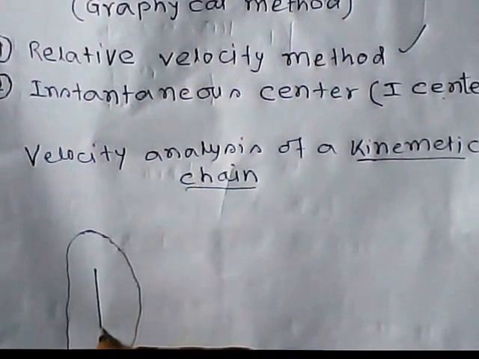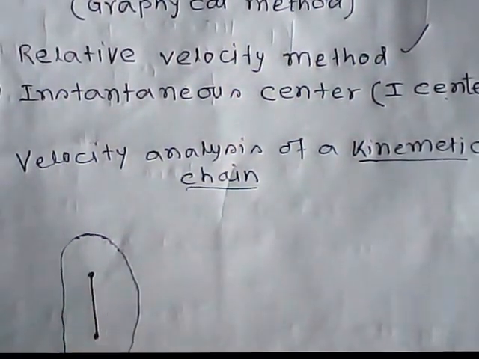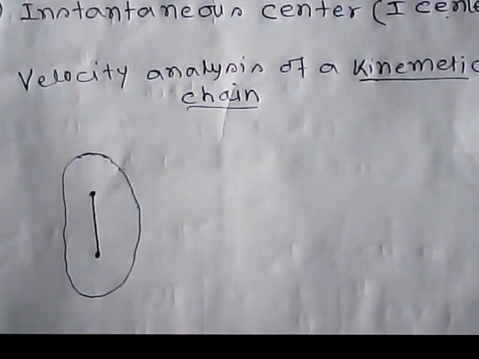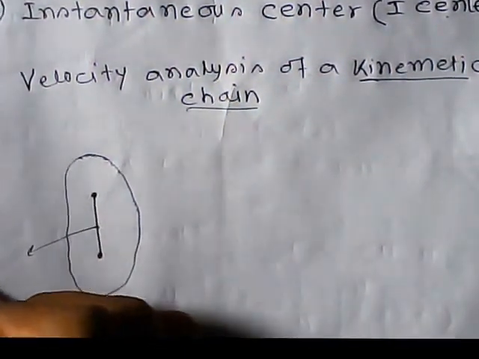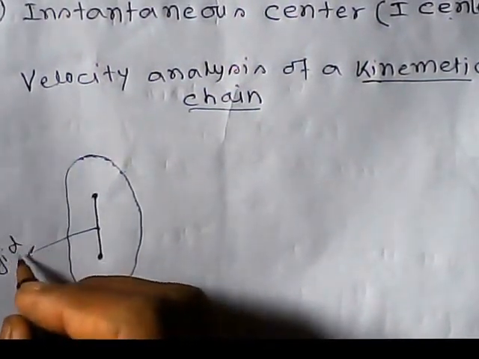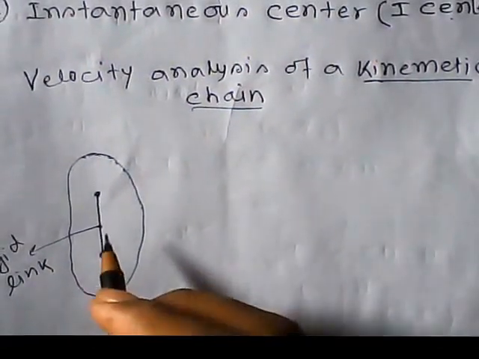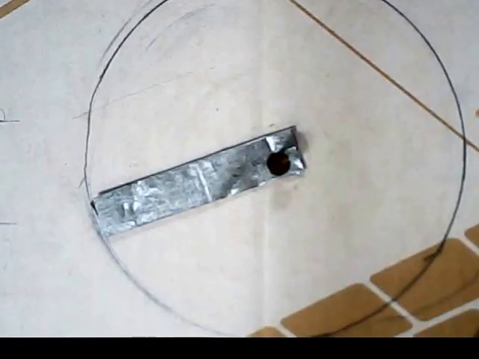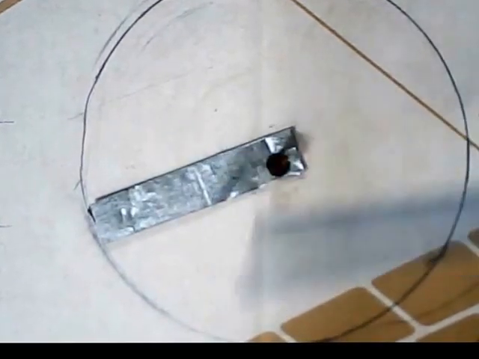Then we discuss the velocity analysis of a mechanism or kinematic chain. So this is the rigid link. Now first I show you the model, then I discuss the velocity analysis of a rigid link.